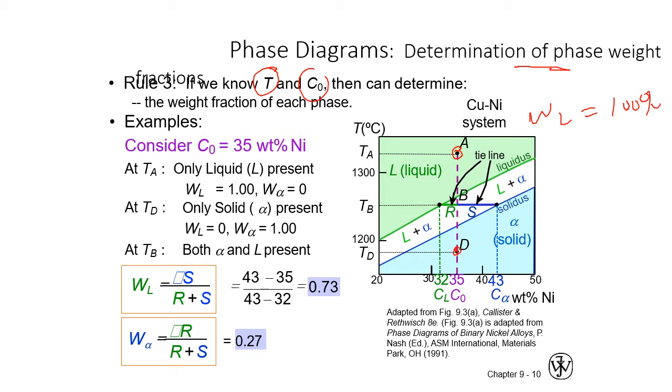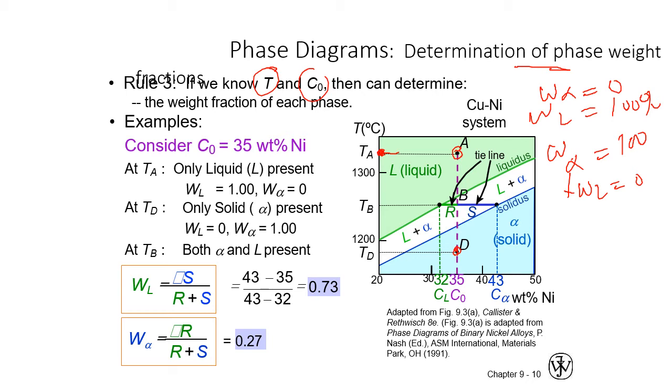And at point D, the weight percent of the alpha is also 100%, and the weight percent of the liquid at that point is 0. Similarly, at 1320, the alpha is 0 because there is no solid at point A.